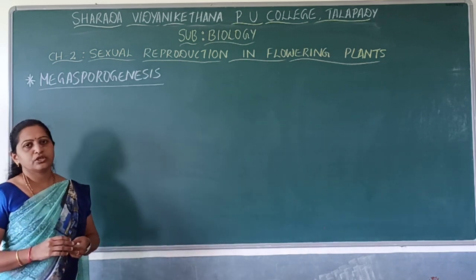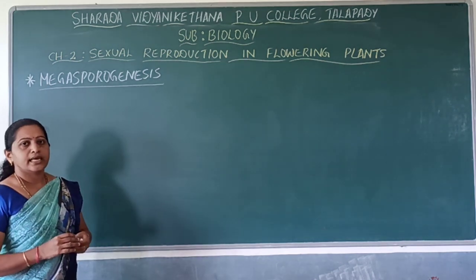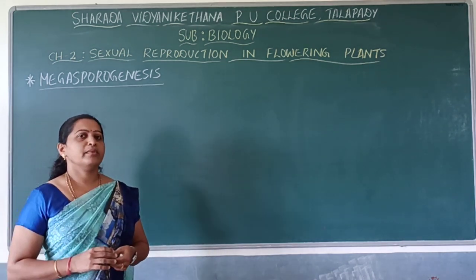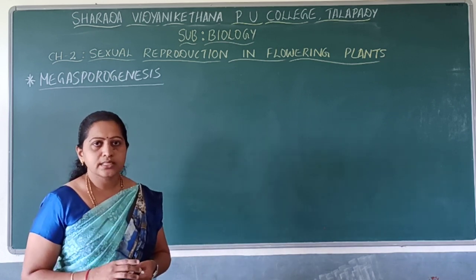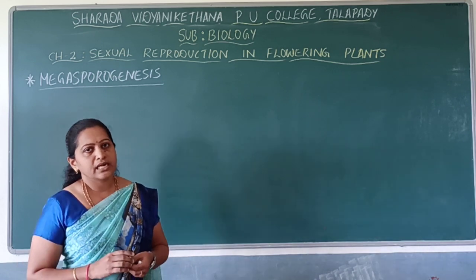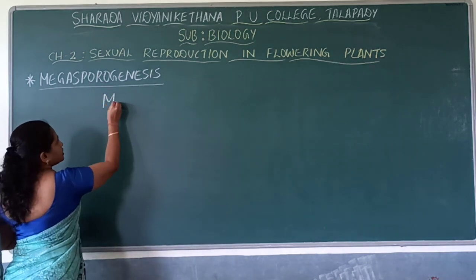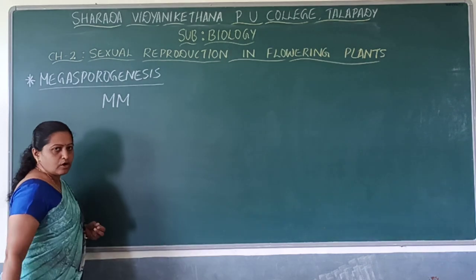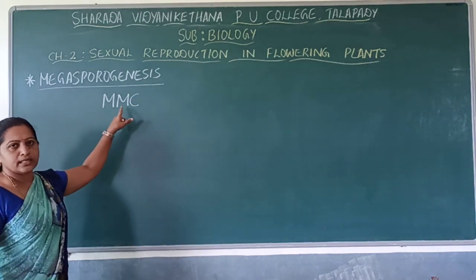Coming to the definition, megasporogenesis is the process of formation of megaspores from the megaspore mother cell through the type of cell division known as meiosis.